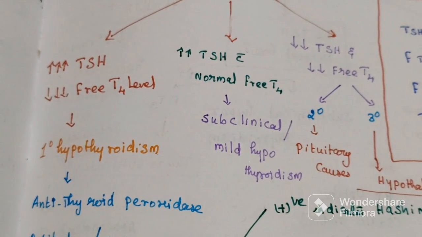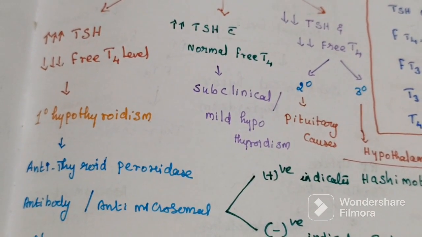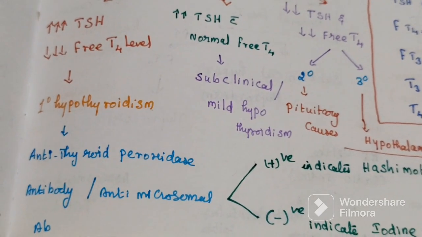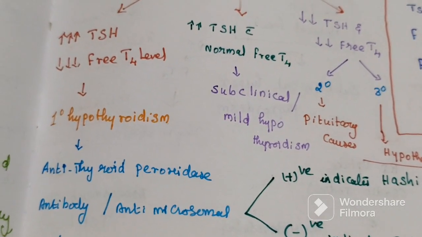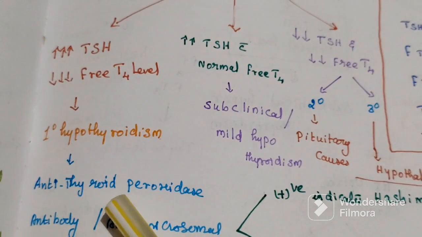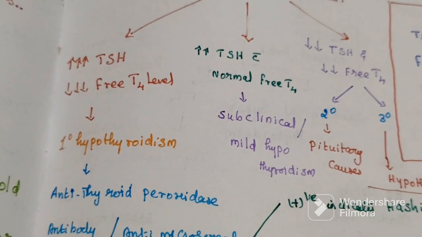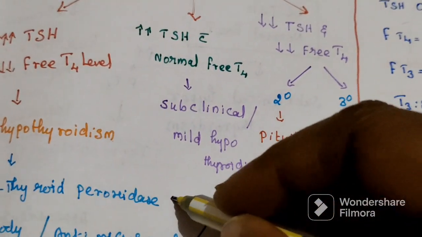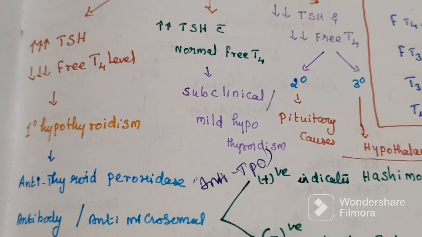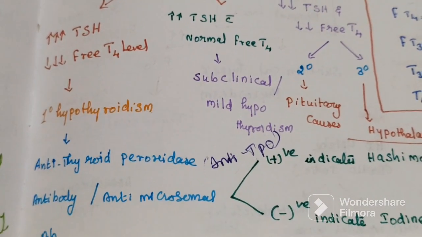For primary hypothyroidism, go for TPO, thyroid peroxidase antibodies, also known as anti-microsomal antibodies.